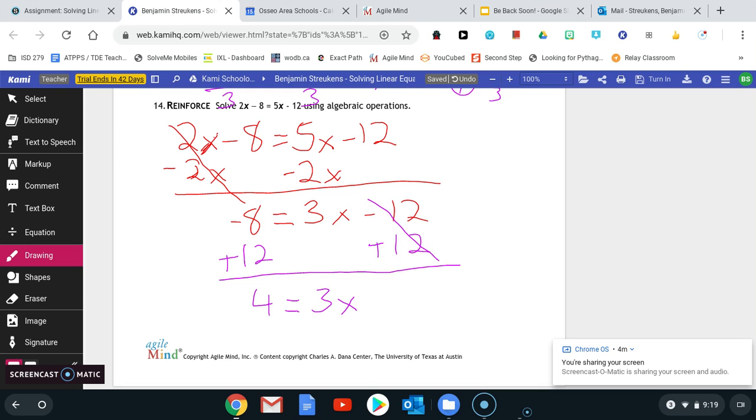The opposite of multiplication is to divide. So I'm going to divide by 3. In this case, we're going to get x equals either 4/3 or 1 1/3. 3 can only go into 4 once. So we have 1, and then we have 1 left over, so 1/3.